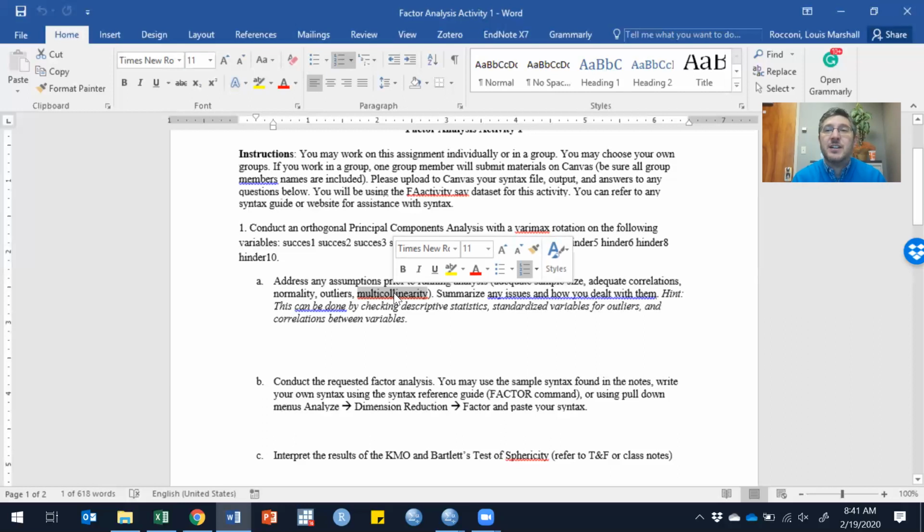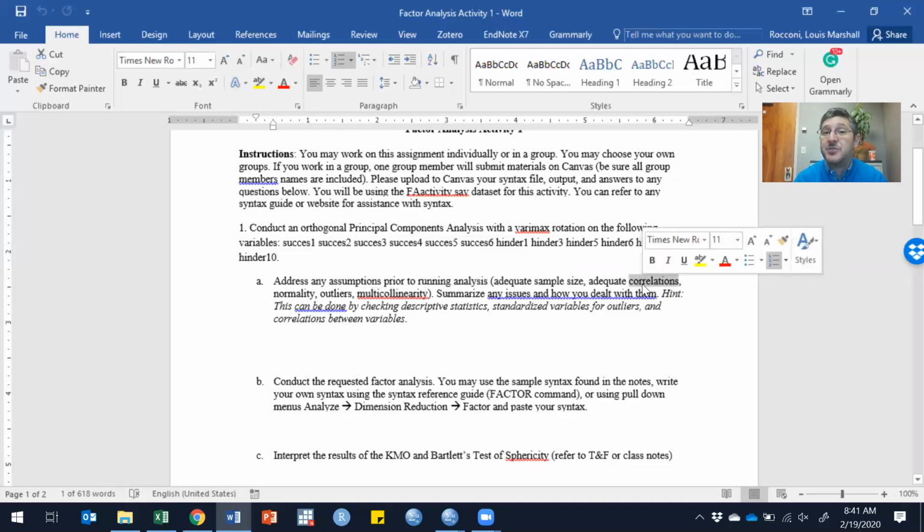Multicollinearity. So multicollinearity isn't too big of an issue in factor analysis. We want our variables to be correlated among each other, because that means that they're all representing some underlying latent construct. But we don't want them, we're really looking for extreme multicollinearity. And this is where perusing the correlation matrix will kind of get at that.